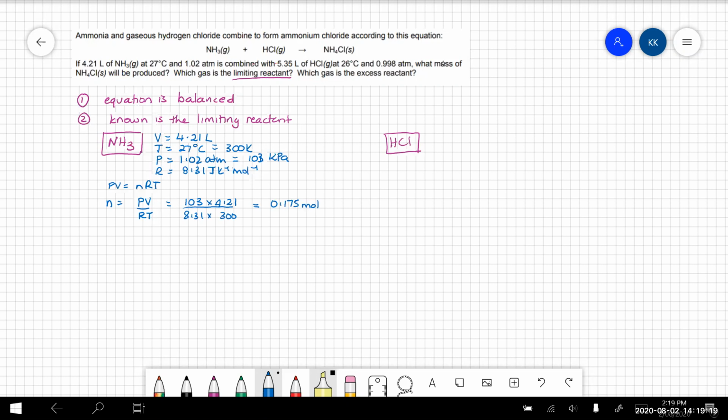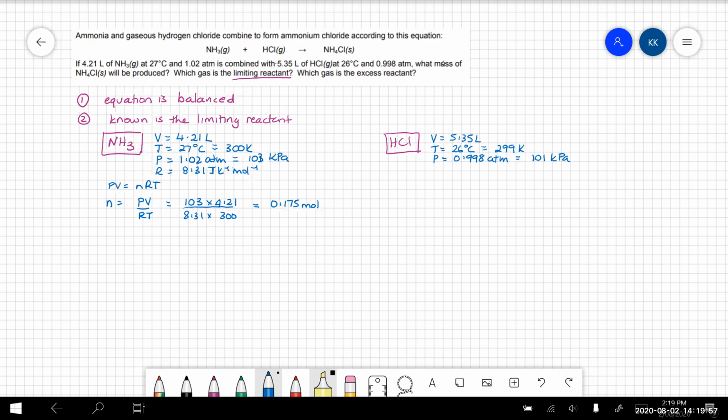So now we know how many moles of the ammonia we've got, but how many moles of the HCl do we have? Same calculation. Volume this time is 5.35. Temperature this time is 26 degrees Celsius. And of course, we're going to convert that to 299 Kelvin. Our pressure is 0.998 atmosphere. We're going to convert that to kilopascals. And that's where my 101 comes from.